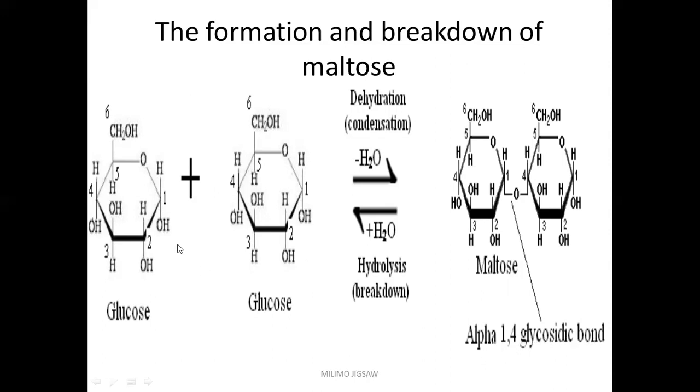These are alpha glucose, so alpha glucose position 1 and position 4 form the 1,4 glycosidic bond. The hydrolysis of maltose will give us alpha glucose and alpha glucose, so 2 monomers.